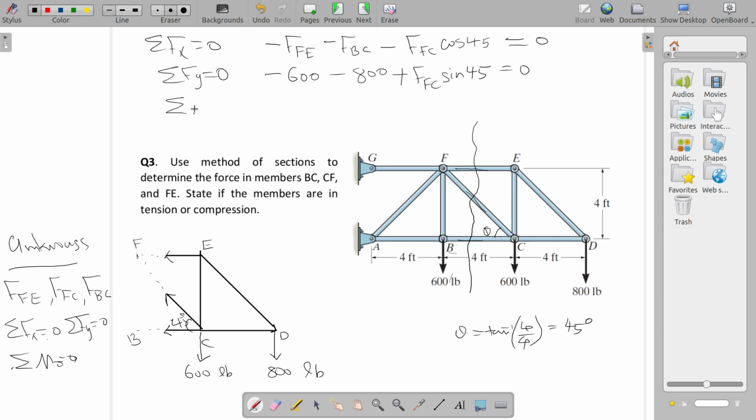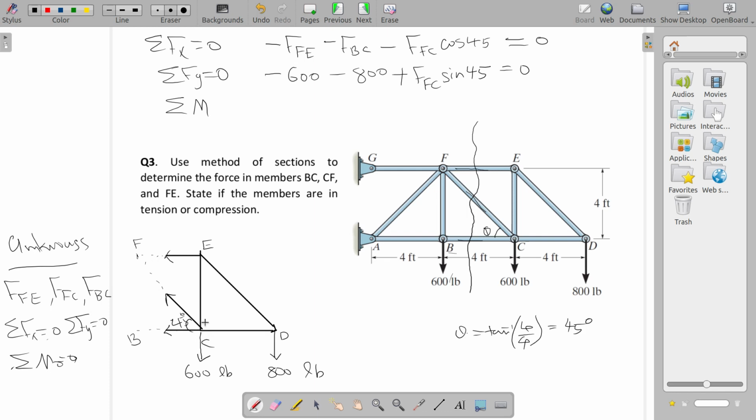We need moment equation. We'll take moment about which point? Any point. You can take moment about any point, but I'll just choose C to avoid a long equation. Because FFC and FBC are passing through C, I'll just take moment about C. You can also take moment about F. These two will be gone. That is also fine.